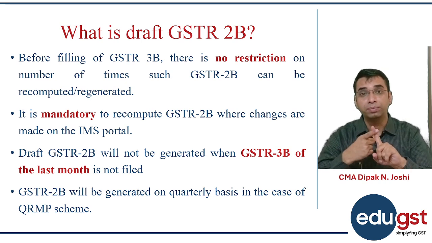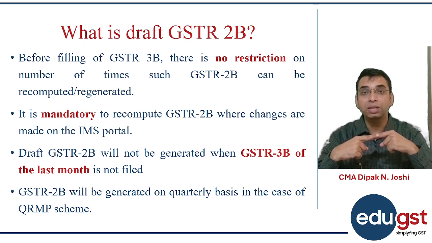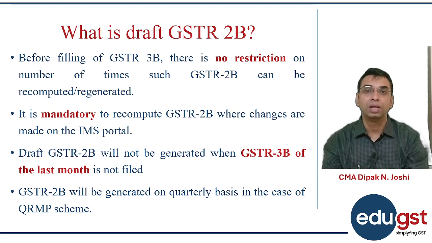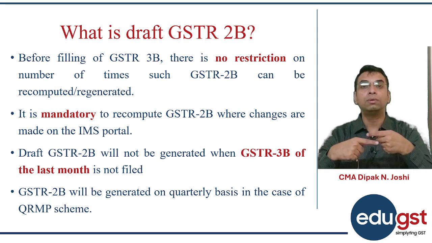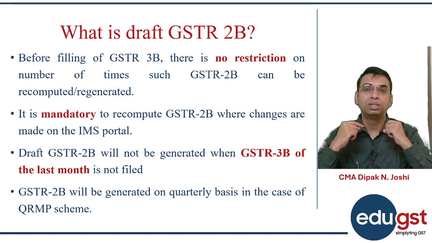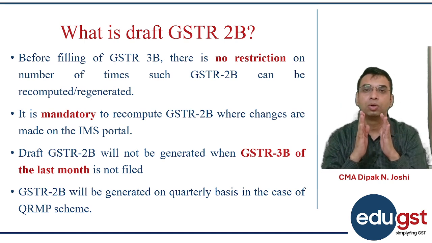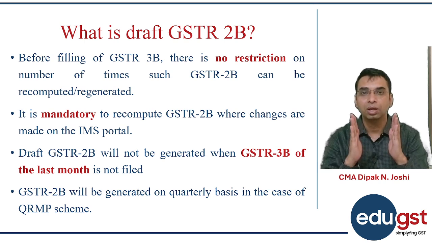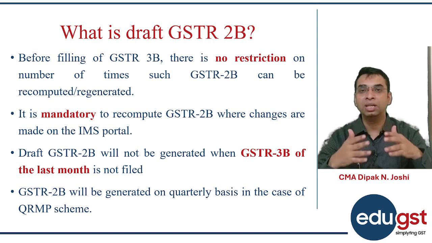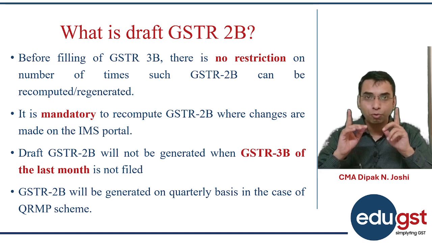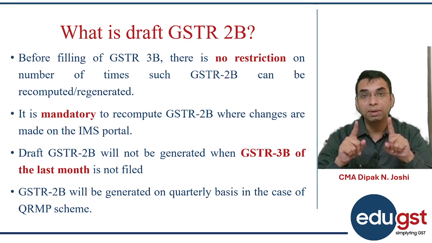It is mandatory, because before filing you have a draft GSTR 2B, and if you take any action in your IMS portal, then you require to recompute your GSTR 2B. And once you file the GSTR 3B, your GSTR 2B will get frozen, and you cannot make any changes. In case of quarterly filers, GSTR 2B will be generated quarterly, not monthly, right?